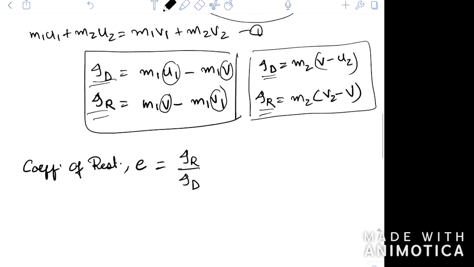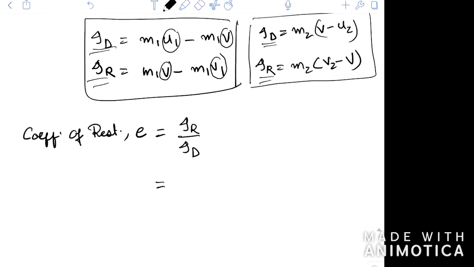Okay, so it will be m1 v minus m1 v1 by m1 u1 minus m1 v.